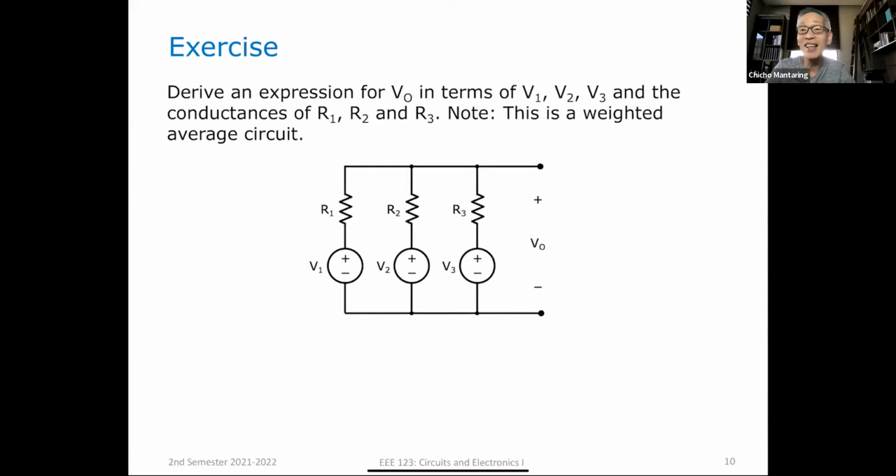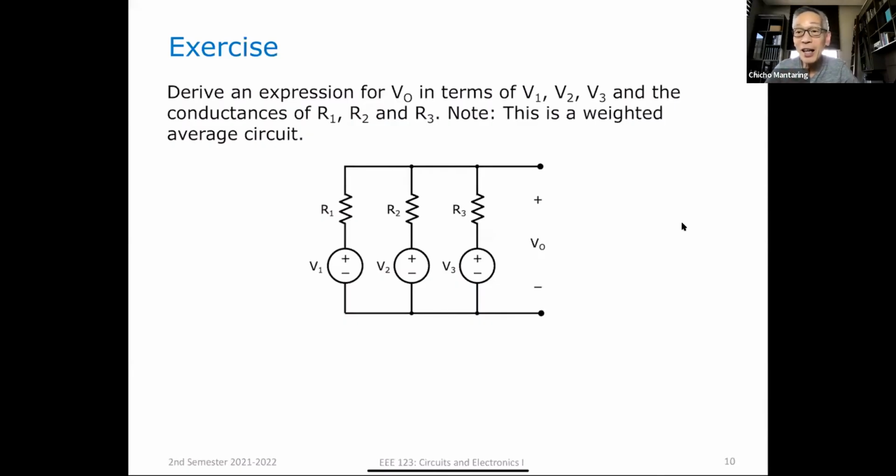Any volunteer? Somebody said three essential nodes. Somebody said one.